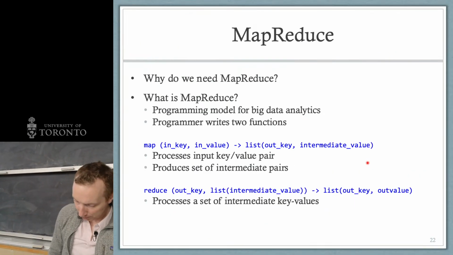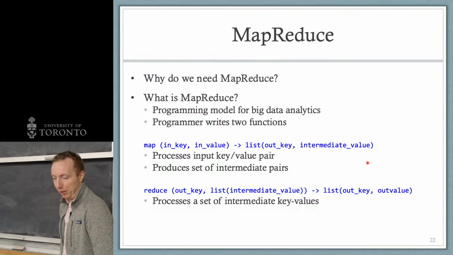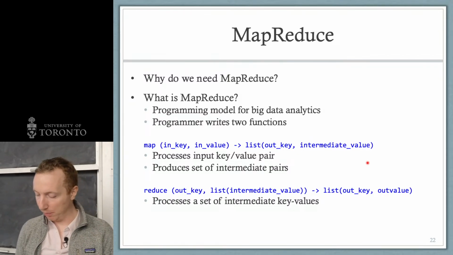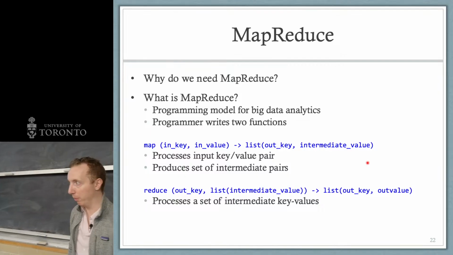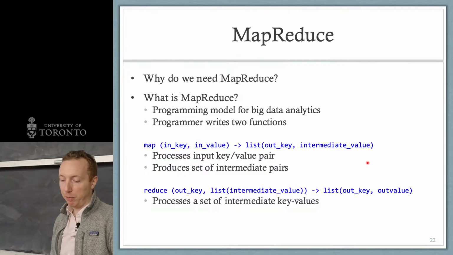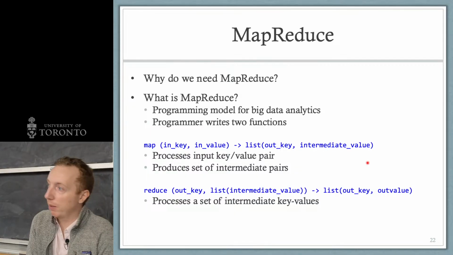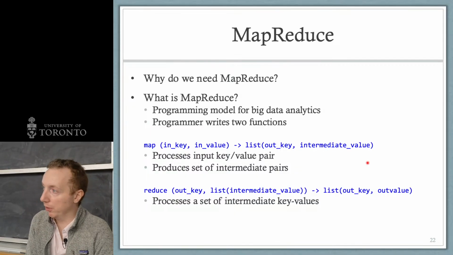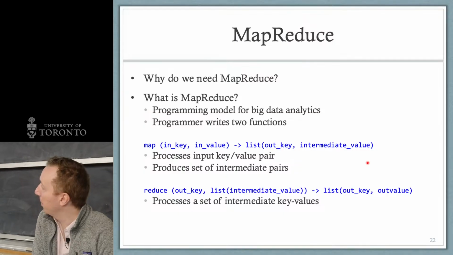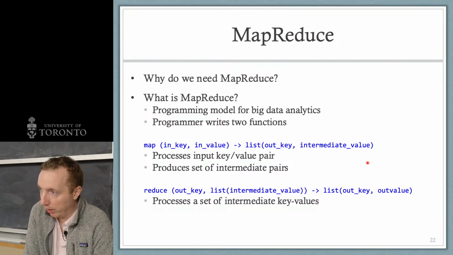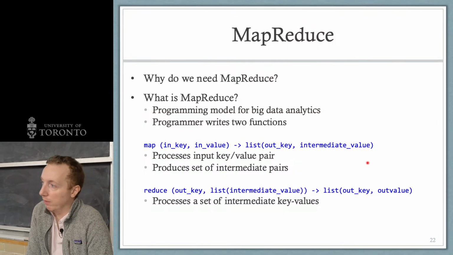So we did get to MapReduce. Why do we need MapReduce and what is it? For the most part, it's a programming model for big data analytics where the programmer has the simple task of just writing two functions, a map and a reduce, and then the system takes care of the rest.